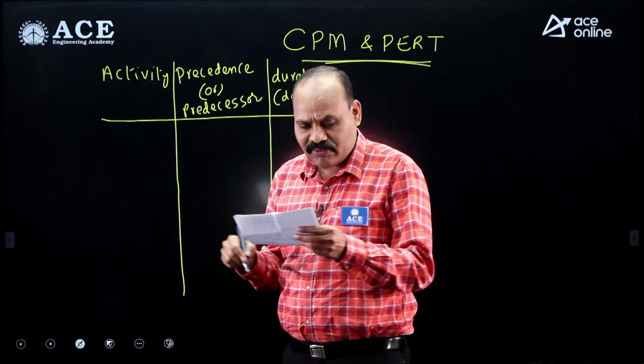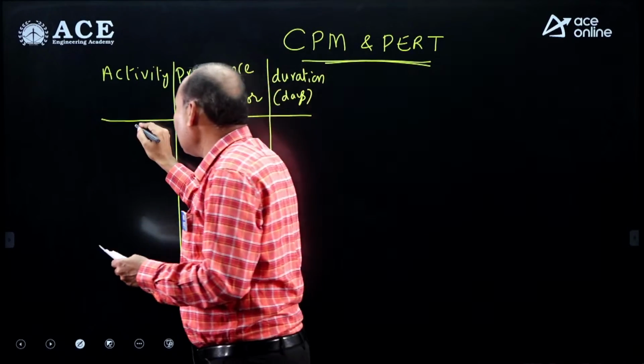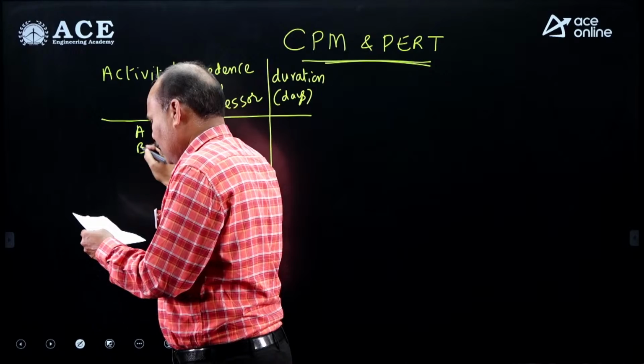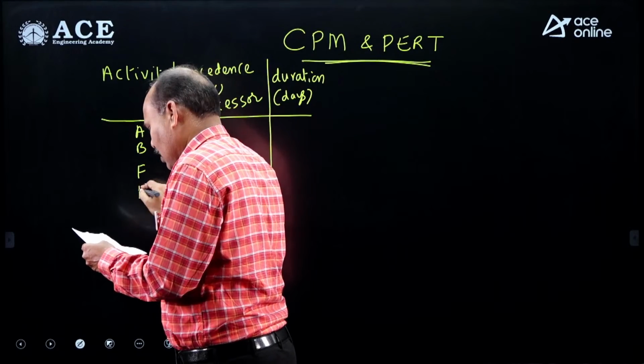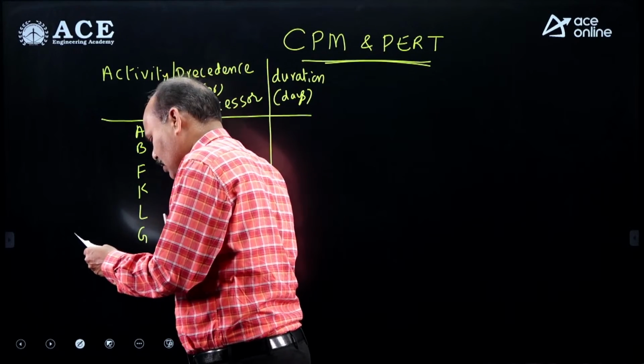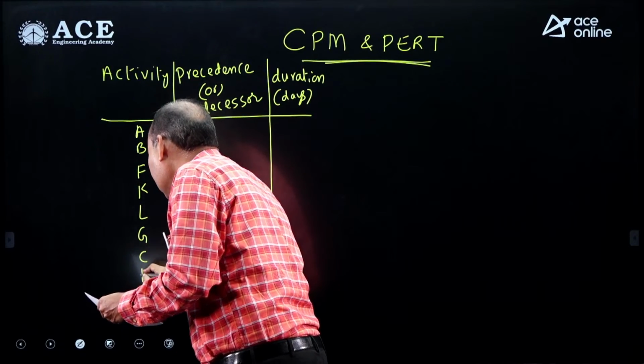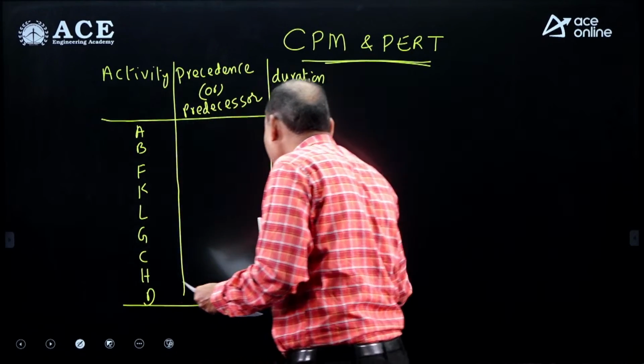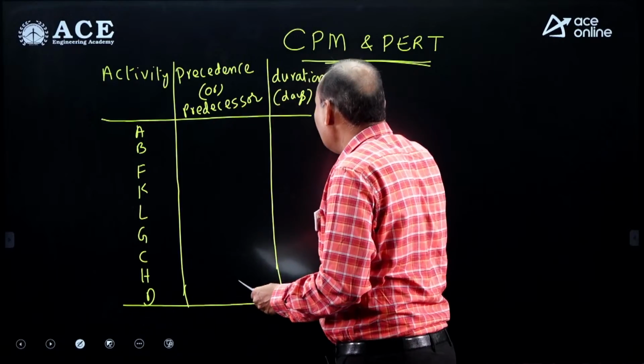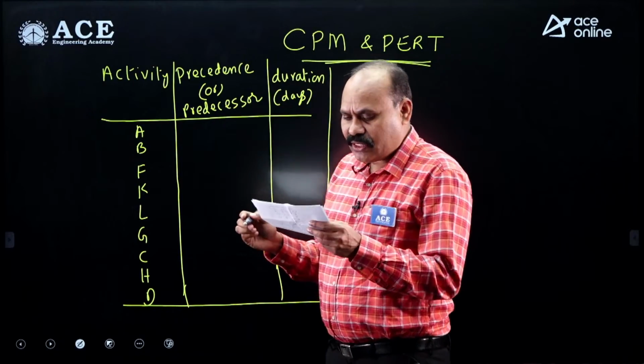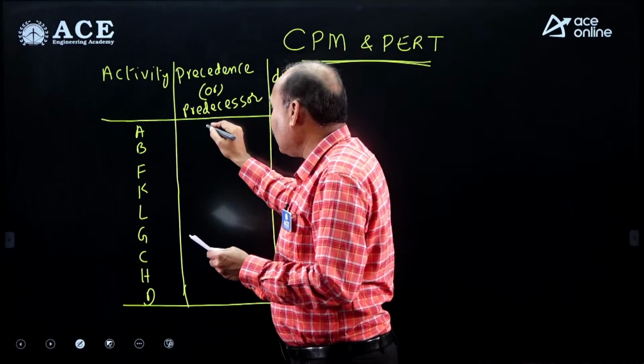There are 9 activities: A, B, E, F, K, L, G, C, H, D. The conditions are given. The predecessor is nothing but the condition, or what it depends on.